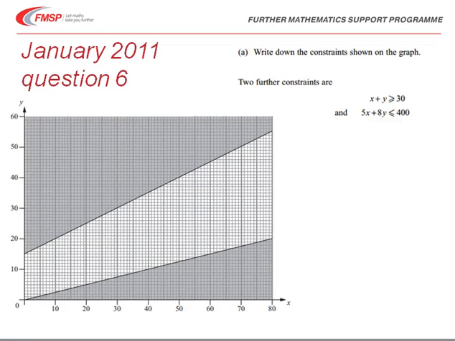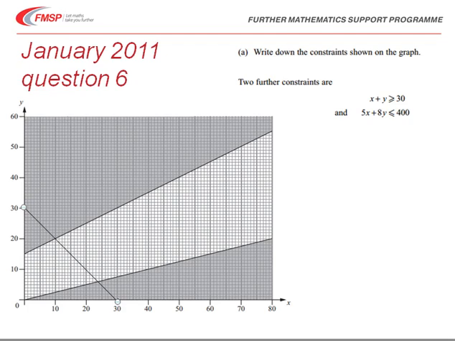Well, taking these a part at a time, we're asked first of all to draw two constraints onto the graph. The first one, x plus y is greater than or equal to 30. This will cross the axes at 30 and 30, so both axes are crossed at 30. Marking that with a line, we get the following.